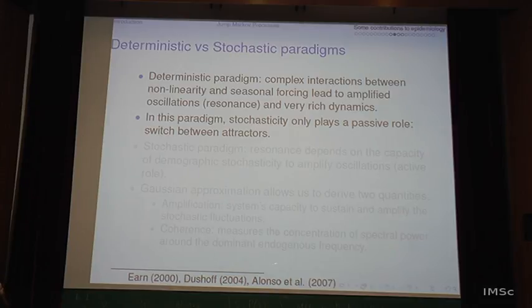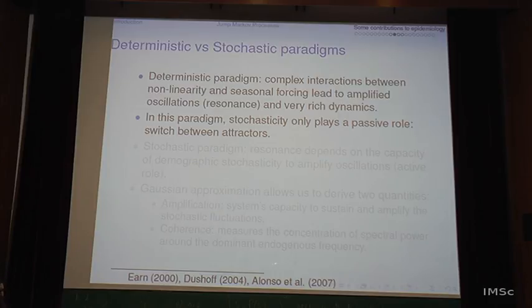The first one was a deterministic paradigm: you have a complex interaction between nonlinearity due to the mass action, the contact process, and seasonal forcing that corresponds to school closure, for instance, and reopening. So you have a complex interaction between these two mechanisms that creates amplified oscillations, what we call resonance, and a very rich dynamics.